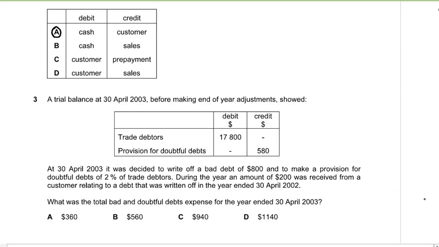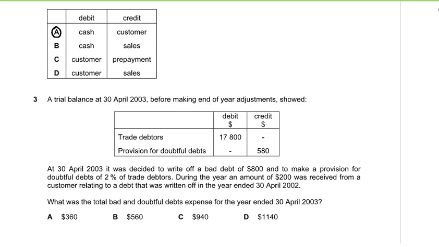The next question, what are they saying? A trial balance at 30 April 2003 before making end of year adjustments showed, right? Debits, we have trade debtors, trade receivables, provision for doubtful debts. Then at 30 April, it was decided to write off a bad debt of 800 and to make a provision for doubtful debts of 2% of trade debtors.